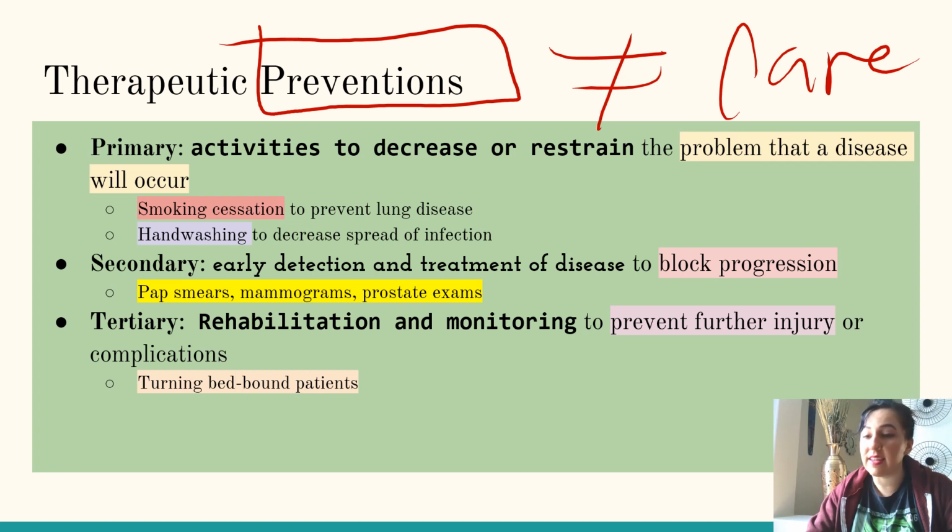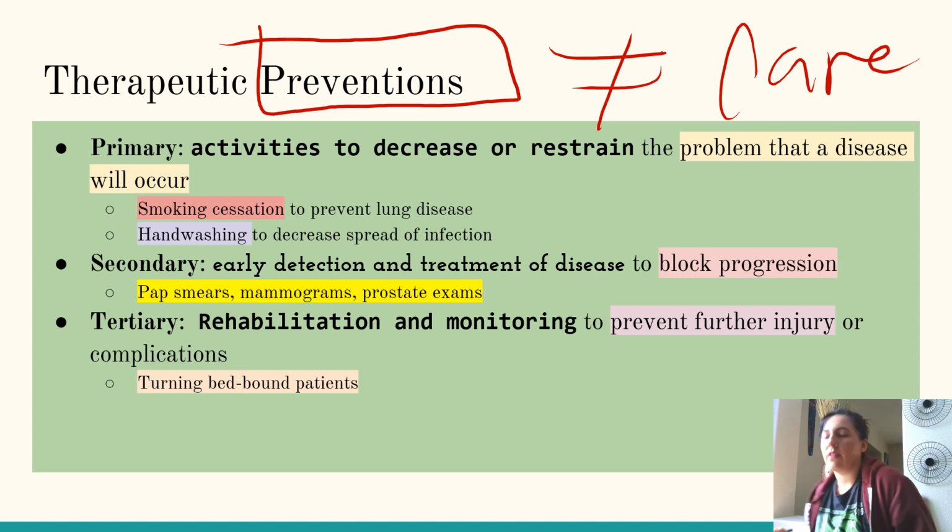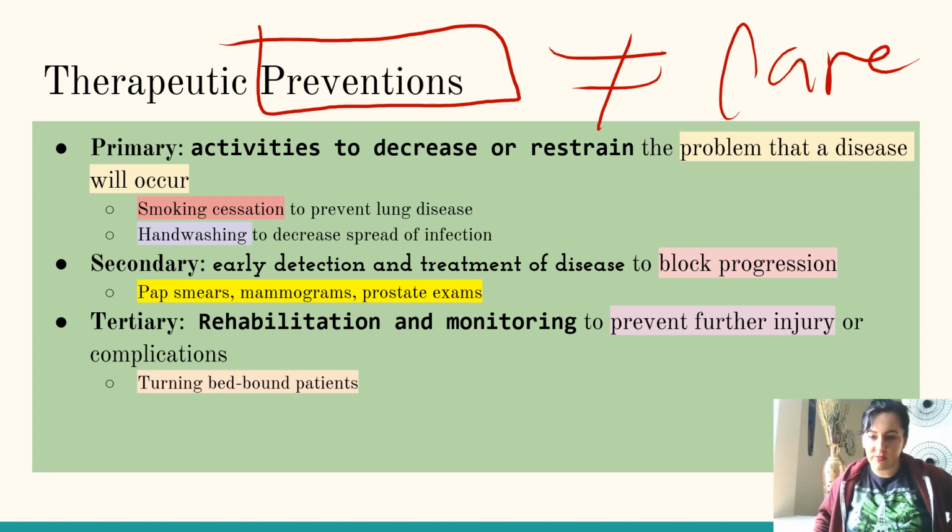An example of this would be if you are a bedbound patient. If you're bedridden, you're hospitalized, many times they'll turn you. They'll turn your body this way for a while, and then a couple hours later they'll turn you this way for a while. That's to prevent bruising in those areas, because if you blister, that means your skin is broken.